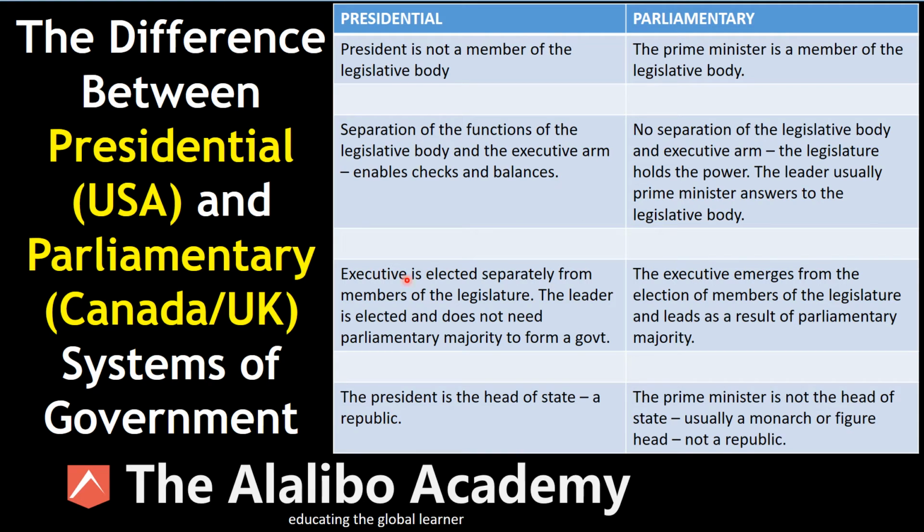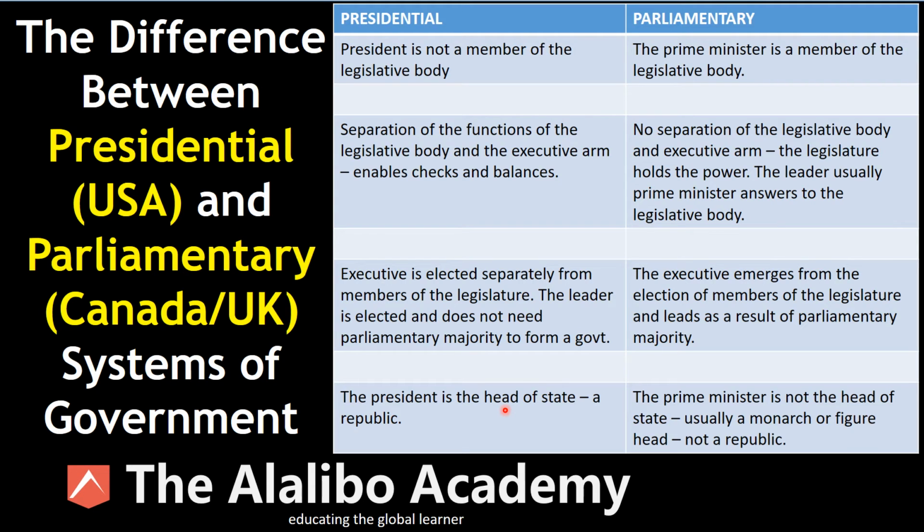All right, so the final point here is that the president is the head of state. In the presidential system of government, the president is the head of state, and the system is usually a republic. There is no figurehead anywhere. The United States is a great example.